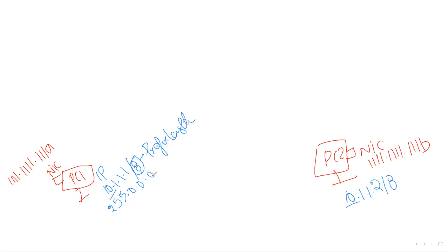This 8 can be 9, can be 10, up to 31 or 32. Even if it's a class A, which is 10, still the 8 can be changed up to 31. Those values are then considered classless or subnetting. We'll learn it later, inshallah.